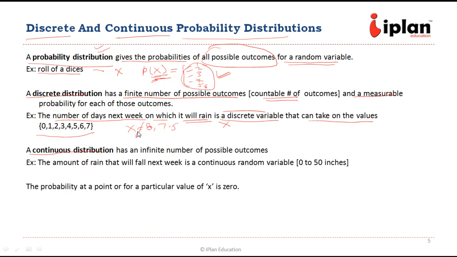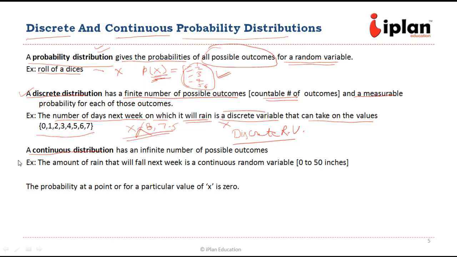All these values cannot be held by this random variable. So this is a discrete random variable. And this kind of distribution is discrete distribution. The example which we took earlier, the roll of dice, in this case as well, the x is a discrete random variable and we were talking about discrete probability distribution.